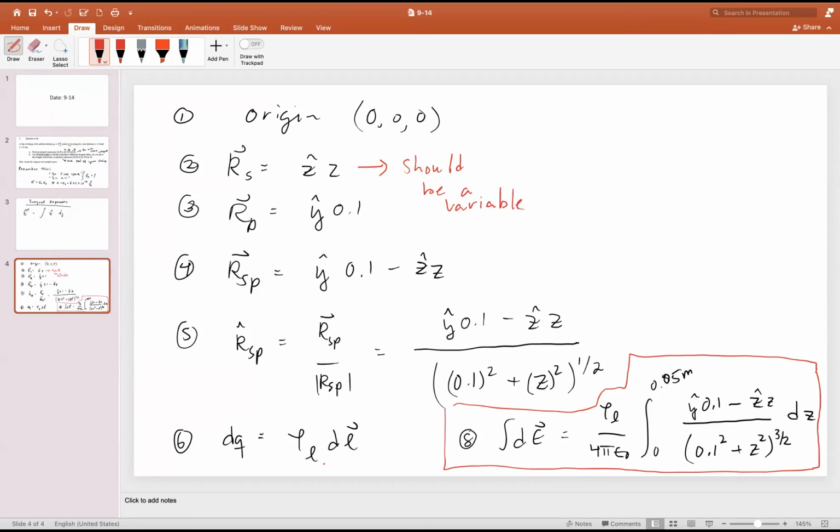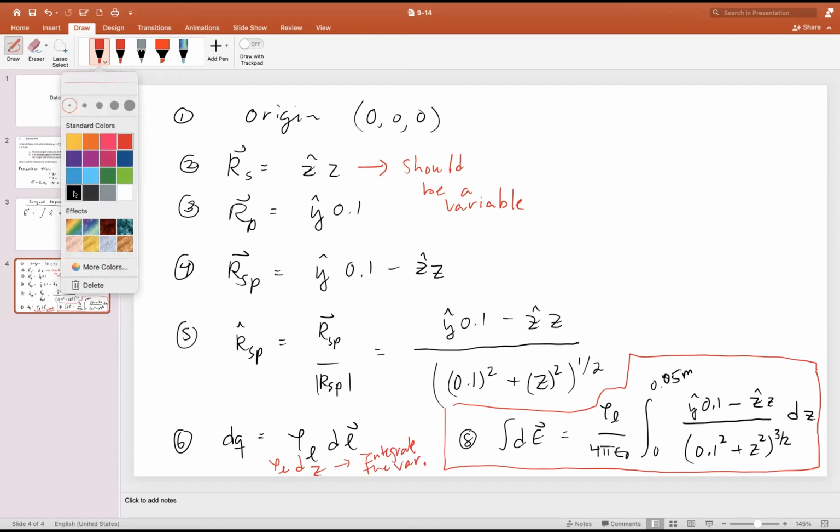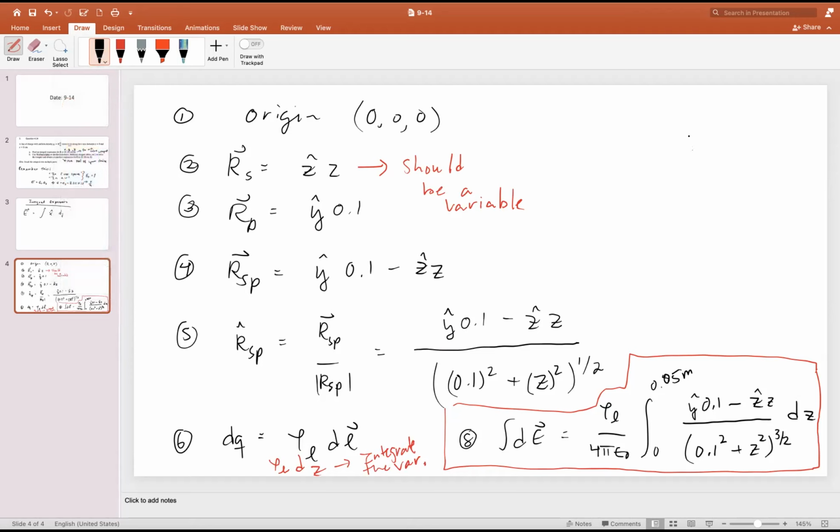And then down here, you should integrate over the variable. And the reason that this makes sense, all right, let's think about what we did.